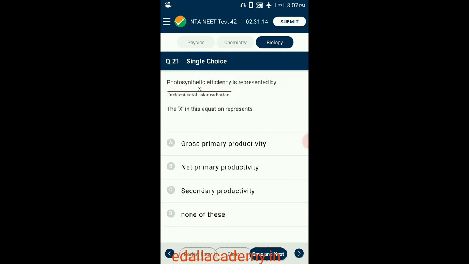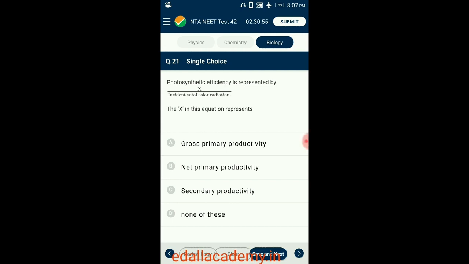Question number 21. Ecological efficiency is represented by X divided by incident total solar radiation. Here X in this equation represents the efficiency of photosynthesis, the amount of biomass a plant can produce in a given amount of light.